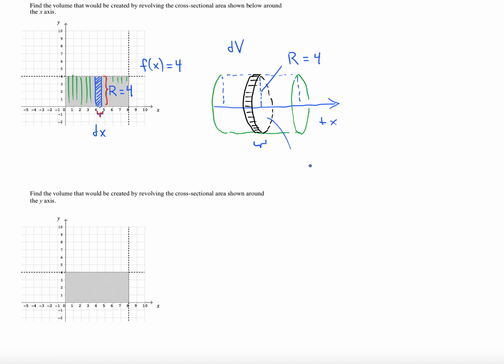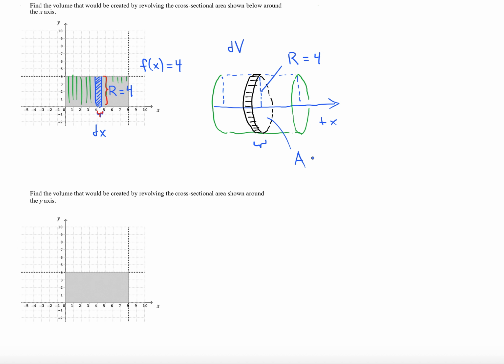Should it be called dA or just A? It's a critical question to consider when it comes to labeling these things and dealing with them correctly. Anything that's infinitely small has a D in front of it. But if a certain quantity has a substantial amount of area or a substantial amount of length, then we would not put a D in front of it and just let it be the variable. So in this case, it's not dA, it's A.